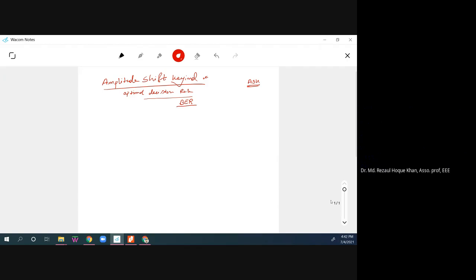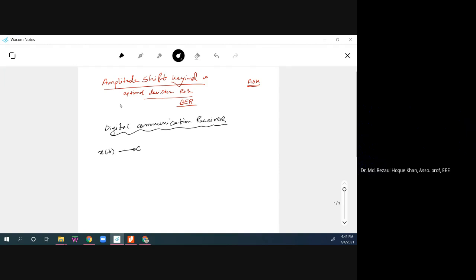Just for convenience, let me draw the digital communication receiver. I have drawn it several times in previous classes. So x(t) was our transmitted signal.